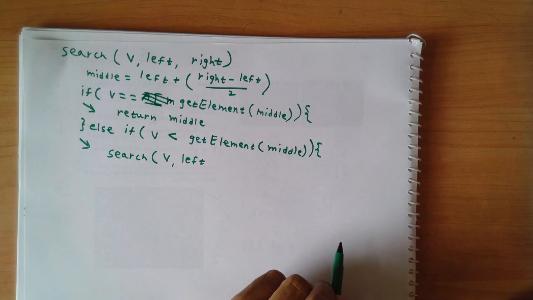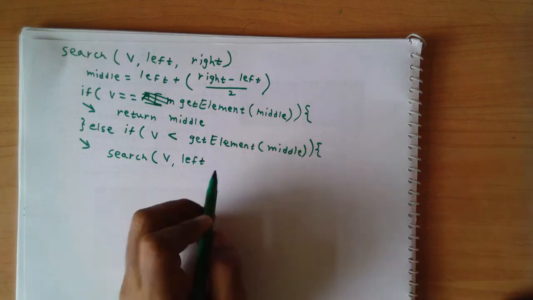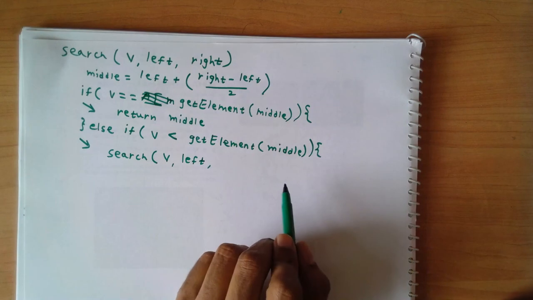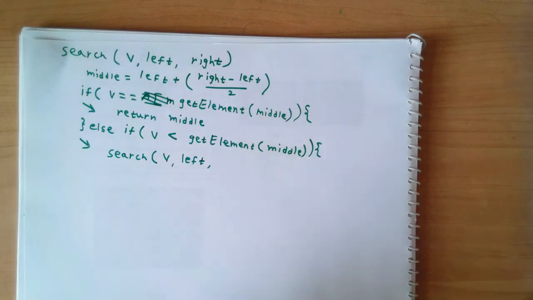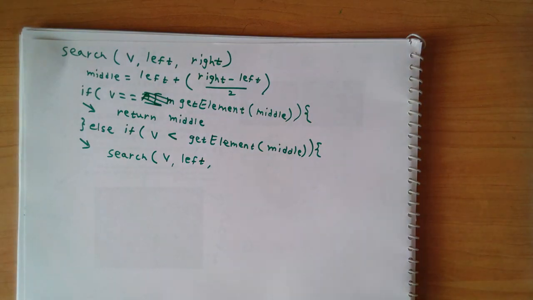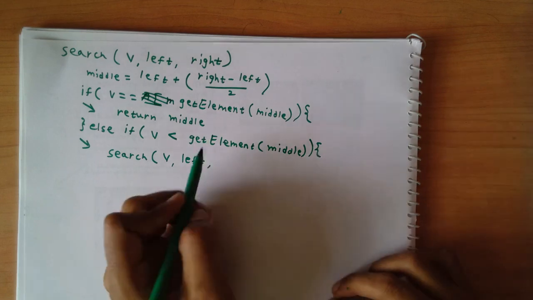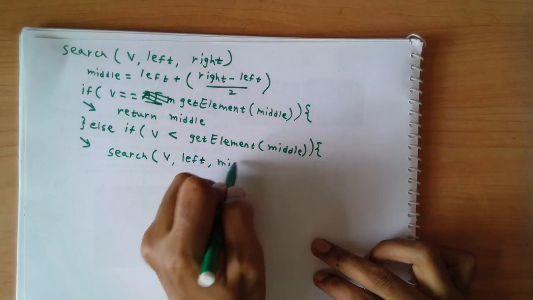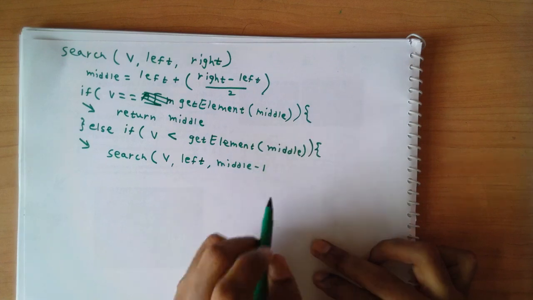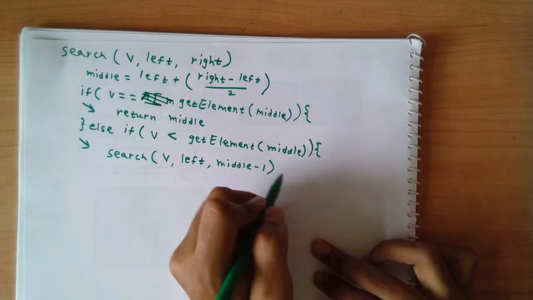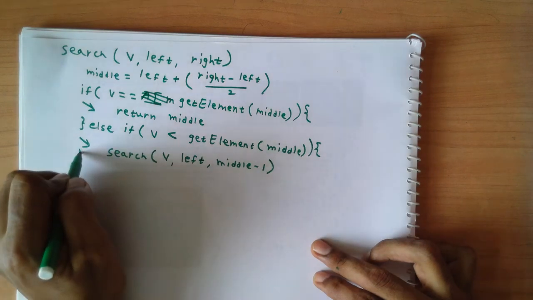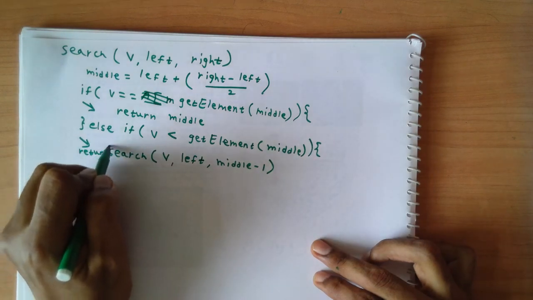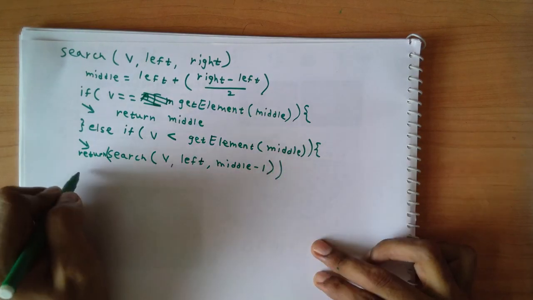But what will happen is my right will become the middle value that I'm talking about, minus 1, because I have already compared against the middle value, so it will be middle minus 1. And whatever is the result of this, I'm going to simply return it.